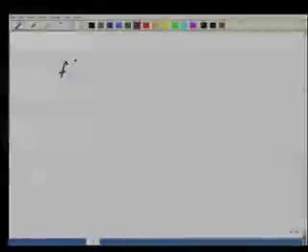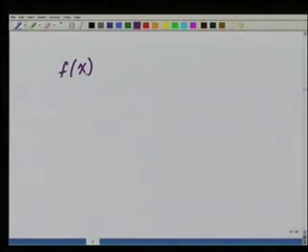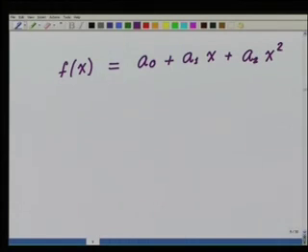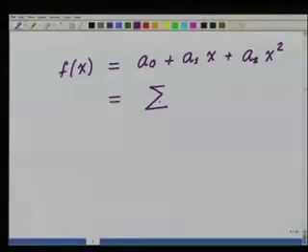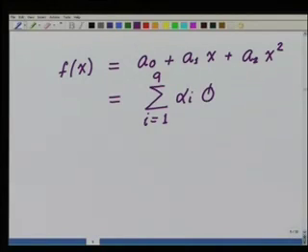We would like to see whether a function of this type, if the function is f of x, given as a generic quadratic a0 plus a1x plus a2x squared, can be represented as a linear combination of the phi i's. That is, alpha i phi i.